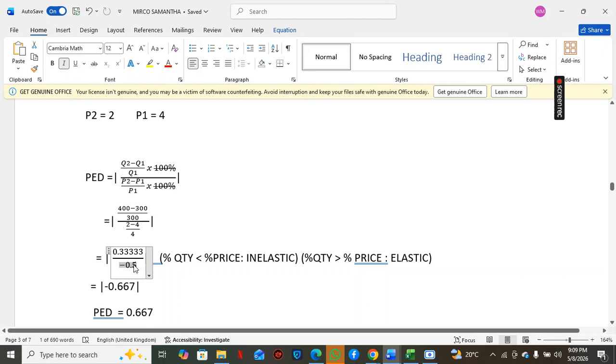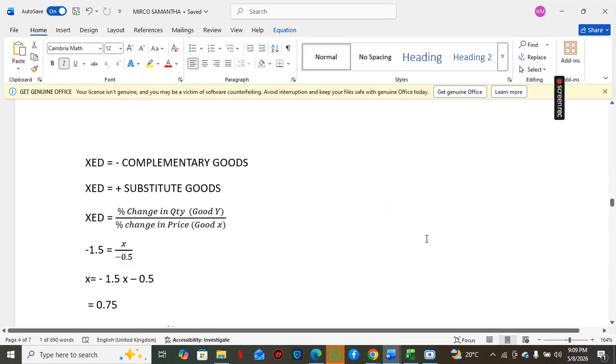So we already have the percent change in the price of good X. Now here what we're trying to find is the percent change in the quantity of good Y. So have you seen how the formula is? We already have our cross price elasticity of demand, negative 1.5. We already have the percent change in price of good X, negative 0.5. We want to find the percent change in Y.